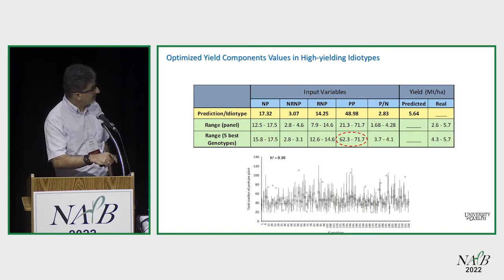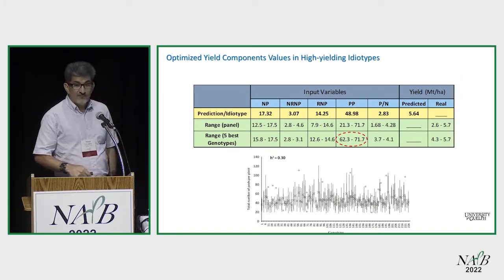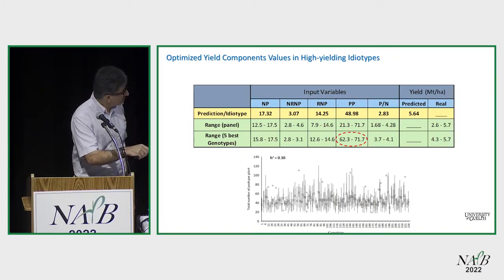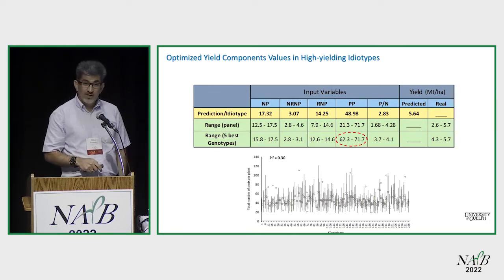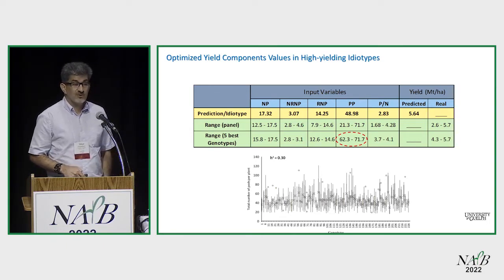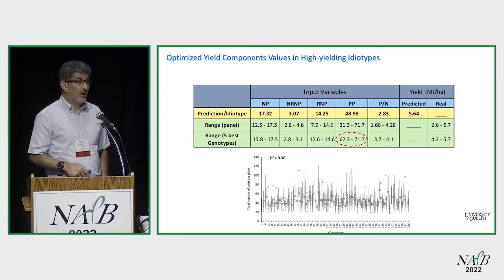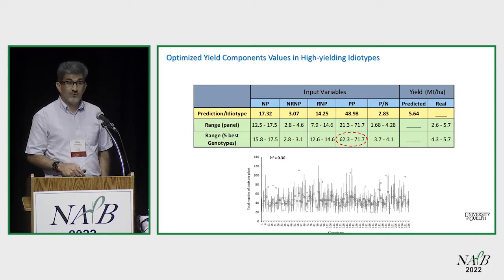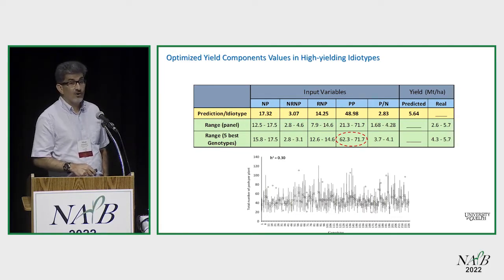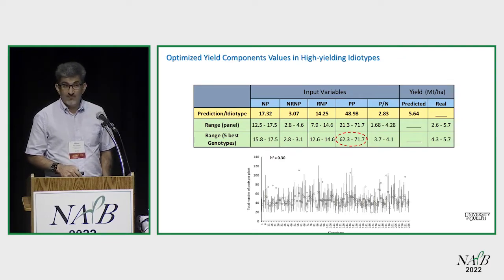When we looked deeper at these 5 genotypes, the range was from 20 pods per plant all the way to 82 pods per plant.